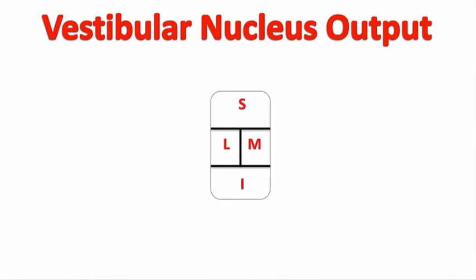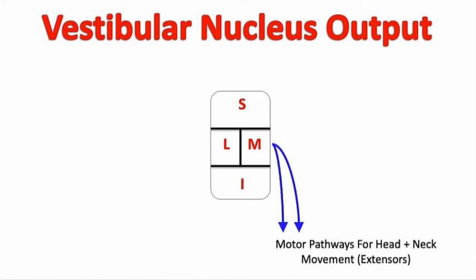In the picture animation that we're going to see, these are the vestibular nuclei. S is for superior, I is for inferior, L is for lateral, M is for medial. The medial has output motor pathways for the head and neck movement. And what happens when we get stimulation of the semicircular canals, and this is where we're going with our examination protocols, we get facilitation of head and neck extensors and inhibition of head and neck flexors.